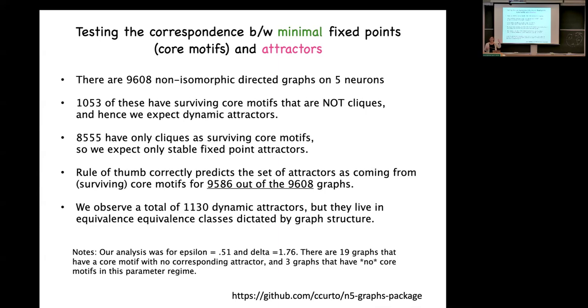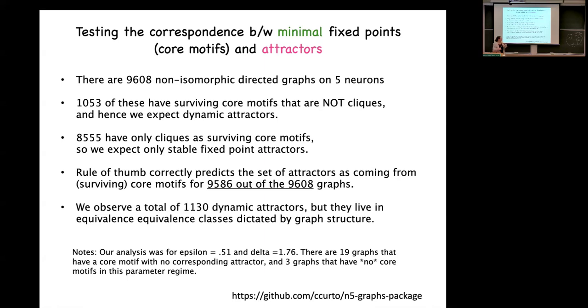So 5 was a good number because 10,000 is a manageable number of graphs that we can analyze and try to understand, but still rich enough that it gave us a good sense of what's going on. Of those 9,600 graphs, about 1,000 of them had core motifs with a single full support unstable fixed point that survived to being a fixed point of the full network.